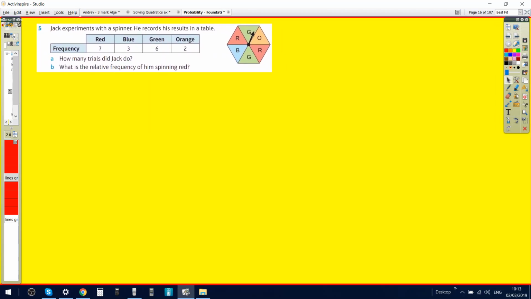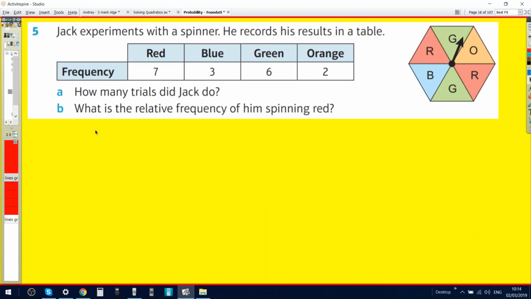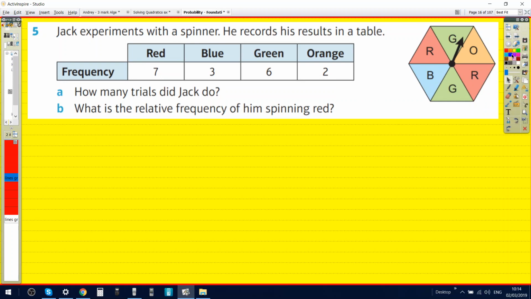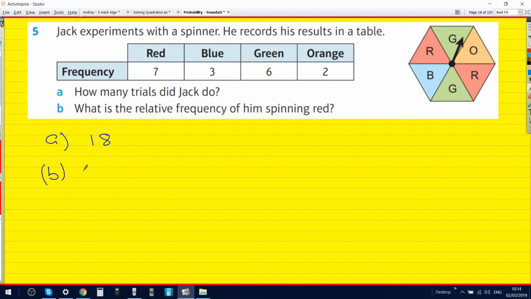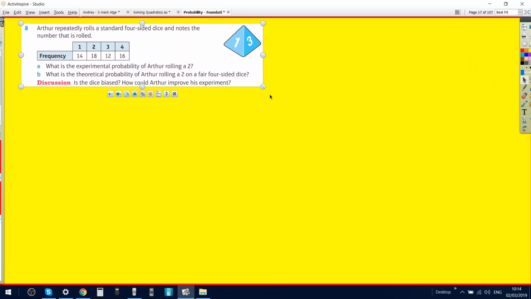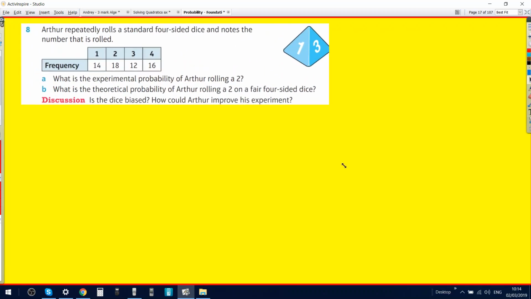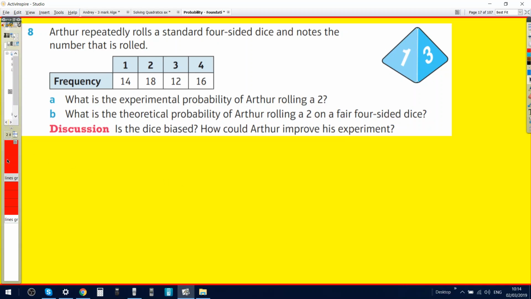Okay. This one. Which rolls did Jack do? So 10. Did you do it 18 times? Yeah. Is it 7 over 18? Okay, this one. Okay. Arthur rolling a 2.